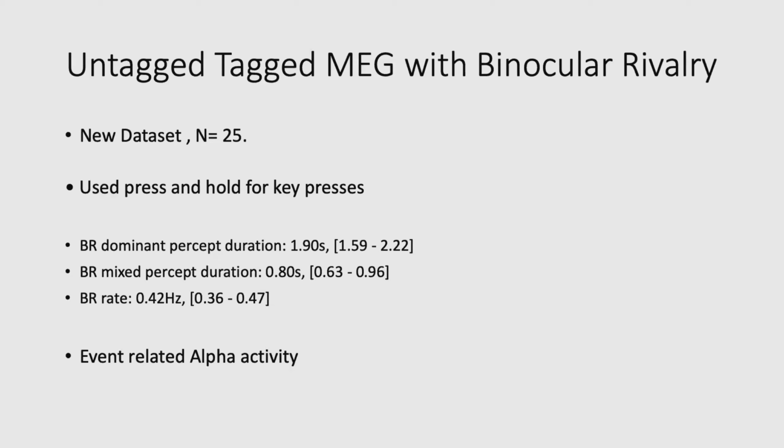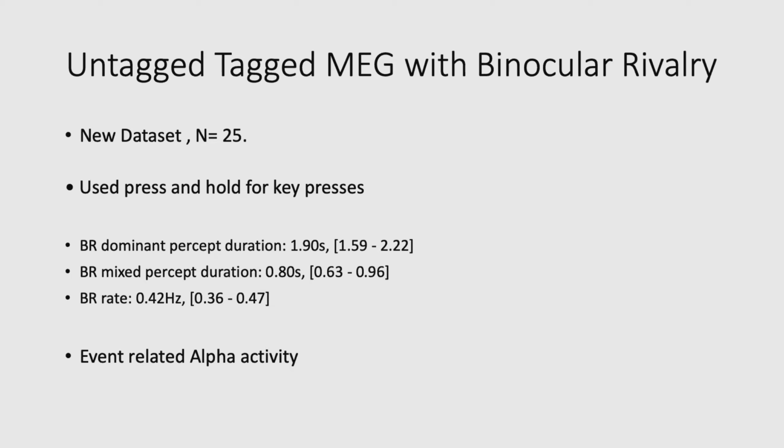So now we have 25 subjects. We used a slightly different regime for the key presses. We had a key for one stimulus, another key for the other stimulus, but subjects were told to press the button for the duration of the dominance and then to release to indicate mixed percepts.